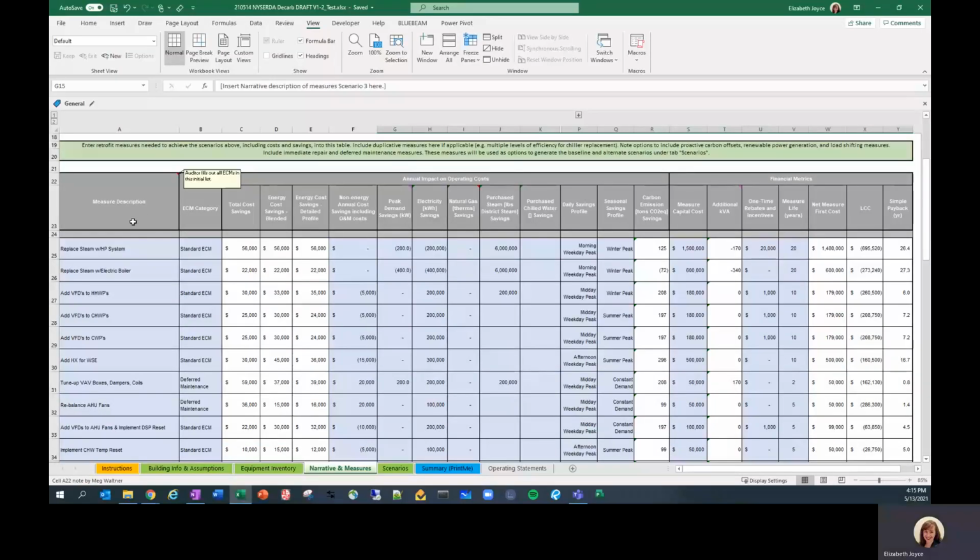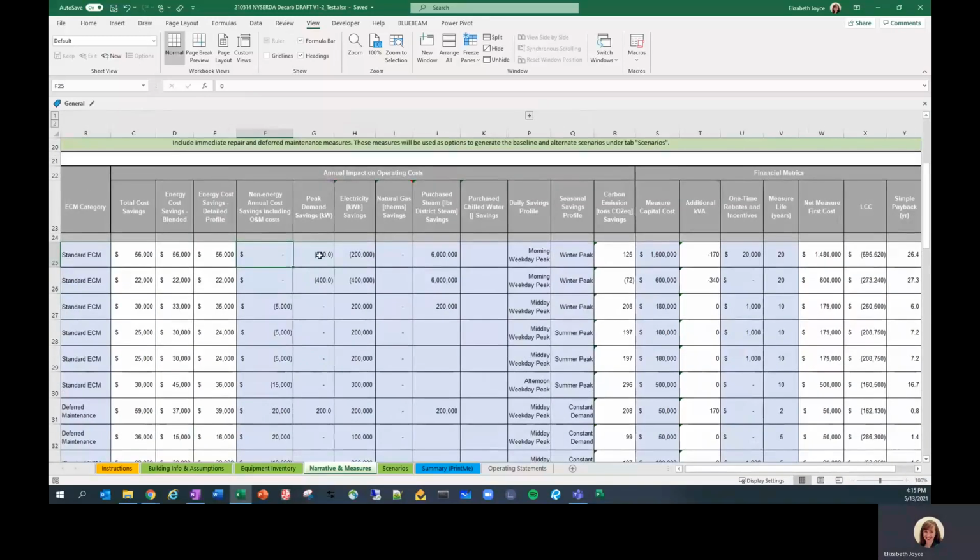Getting down into the ECM table. First, for each ECM, you'll want to enter the measure description, and then pick the category that the ECM falls into. I'll get into the ECM categories in more detail in a minute. You'll then enter all of the energy and cost information associated with that measure. For example, any peak demand savings, electricity savings, natural gas or steam, chilled water, or any other fuel savings associated with the measure.